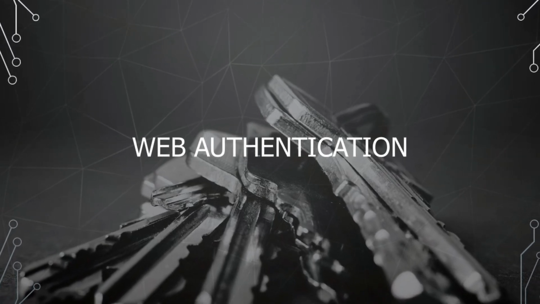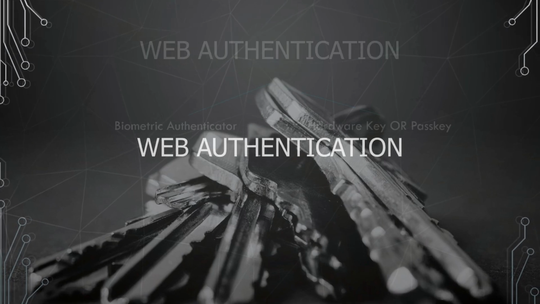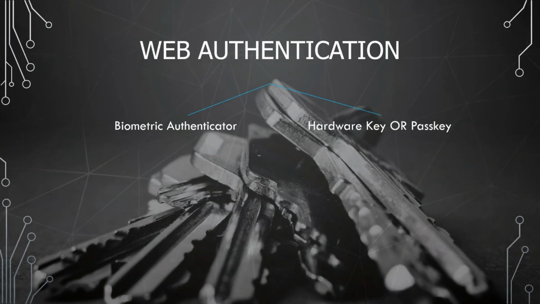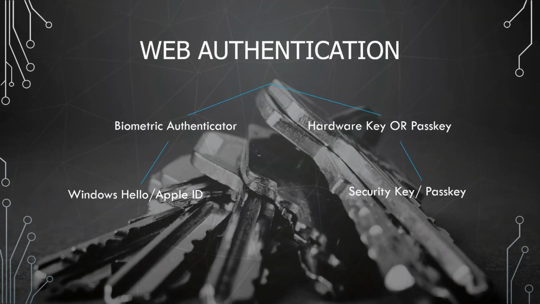So let's see what is in there. Under web-based authentication, we have biometric authentication and also hardware key or passkey based authentication. Now under the biometric authenticator, we have Windows Hello or Apple ID based authentication. But again, these options may or may not appear, or may appear differently based on your device, its configuration, whether it has a fingerprint scanner or not, whether it has a camera or not, and what type of operating system.